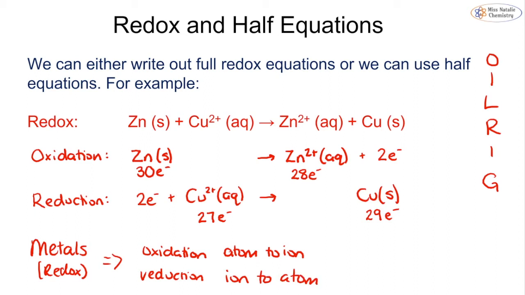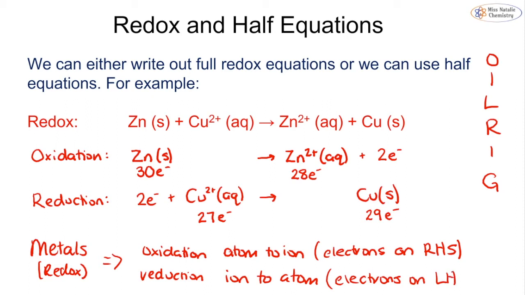So for an oxidation reaction, we're always going to have the atom going to the ion, so your electrons are on the right-hand side of your equation. And when it is a reduction, your electrons are on the left-hand side of the equation.